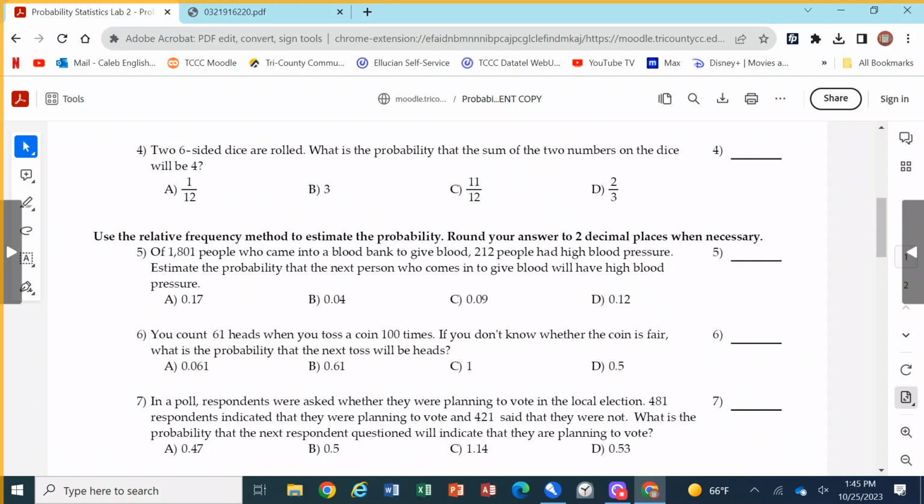Number 4, 2 6-sided dice are rolled. What is the probability that the sum of the 2 numbers on the dice will be 4? This is like that problem we saw on Monday where that person had 2 coins and they were flipping them 100 times. And they had to list how many possible outcomes they could have. Because they had 4 possible outcomes, right?